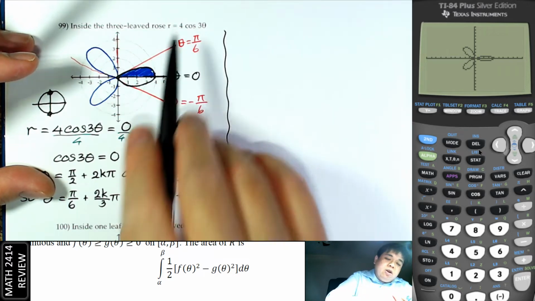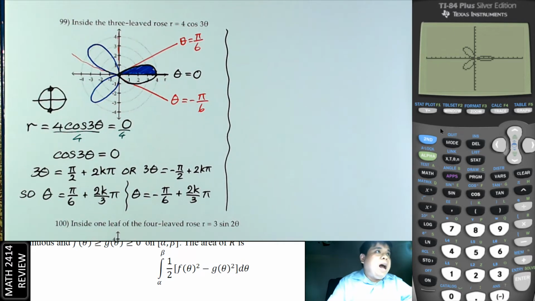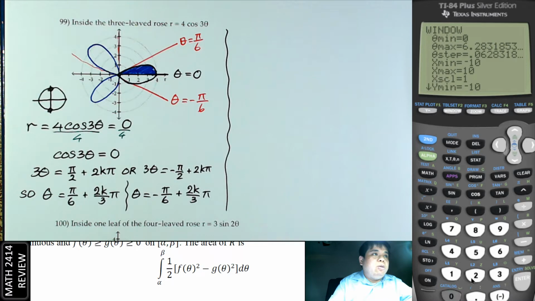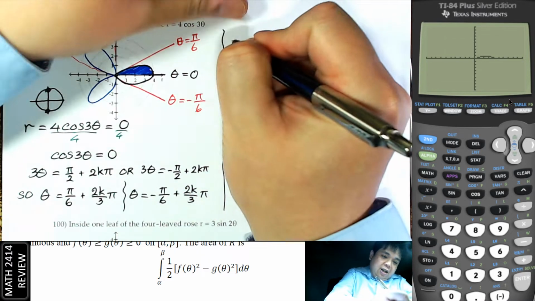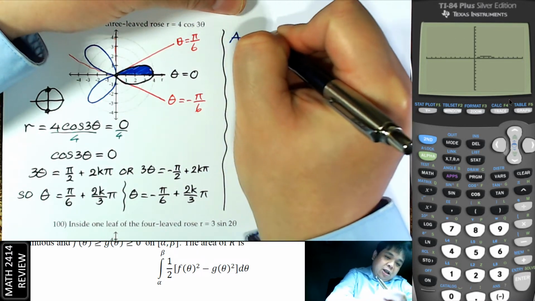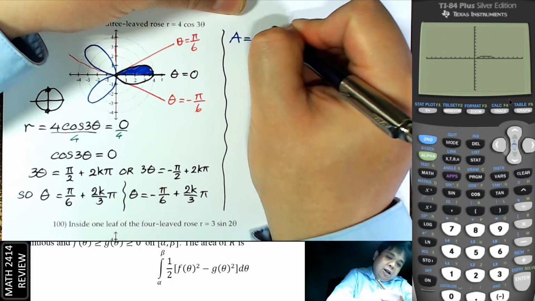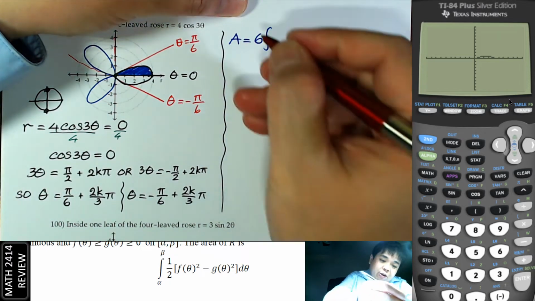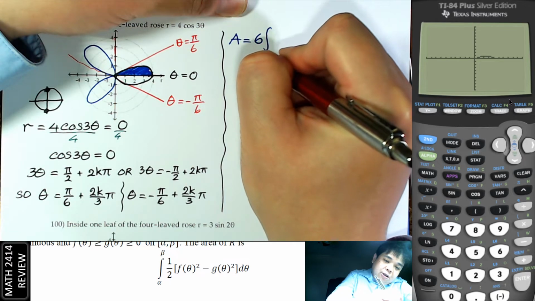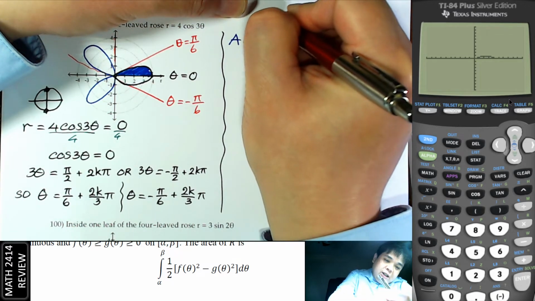So if we go from 0 to pi over 6, then we have half a petal. Yeah, there's half a petal. So we say the area is equal to 6 times the area of half a petal. Area of half a petal will go from 0 to pi over 6.